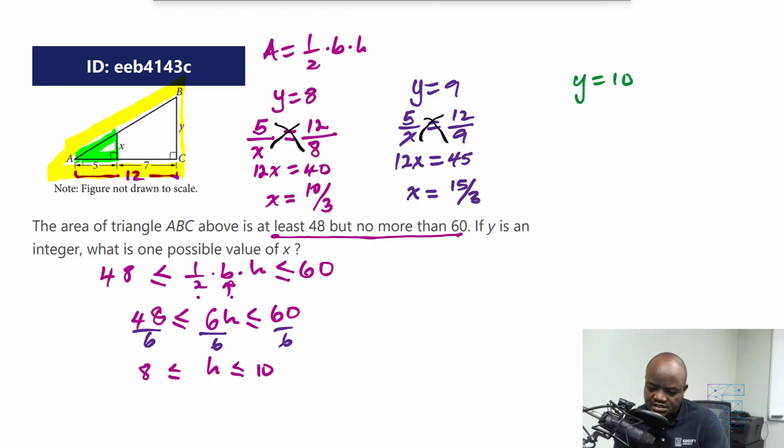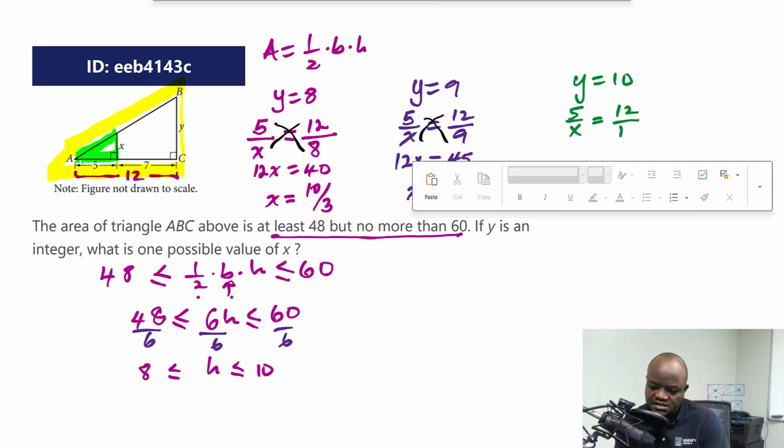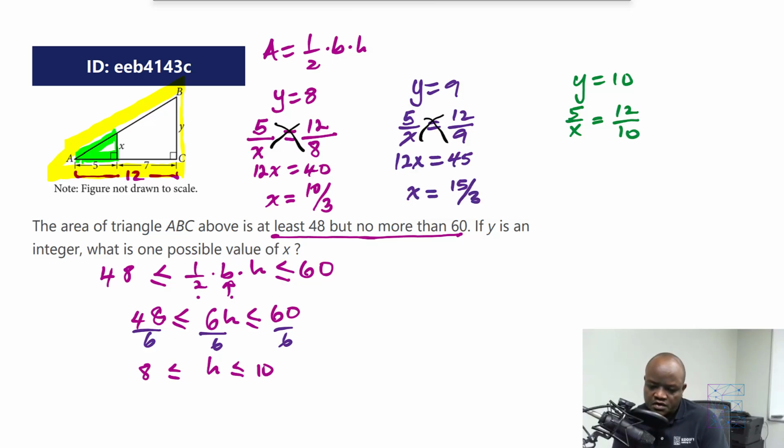And last but not least, same process, 5 over x equals 12 over, this time our y value is 10, so there it is. Cross multiplying once again gives us 12x equals 50. Divide both sides by 12, you end up getting 25 over 6. So any of these 3 answers are acceptable: 10/3, 15/3, or 25/6.